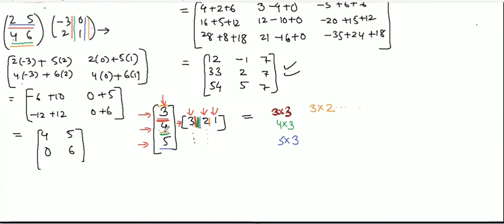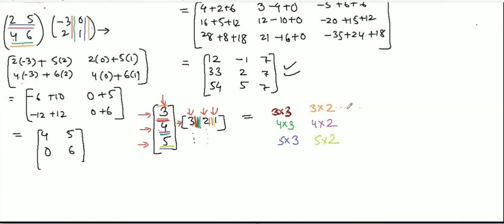Now come to the second column. I'm going to take another color. Second row and second column. Here it will be 4 multiplied by 2. Then go to the third row and again the second column. So 5 multiplied by 2.